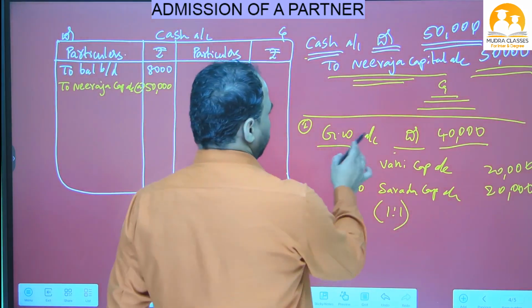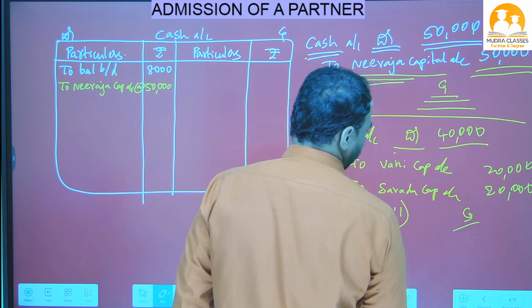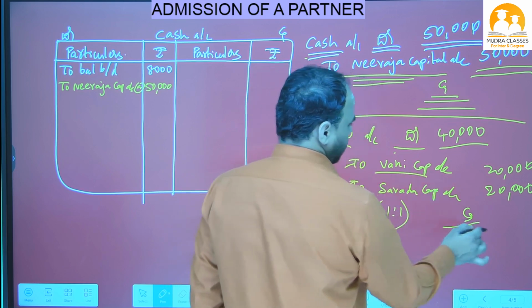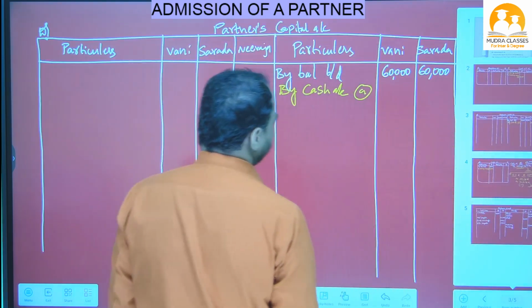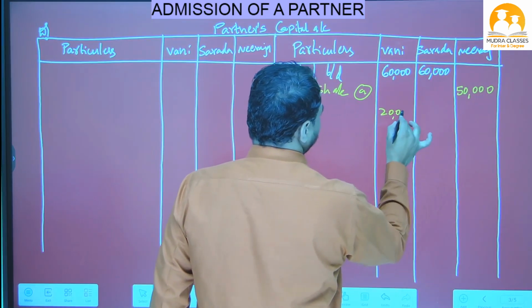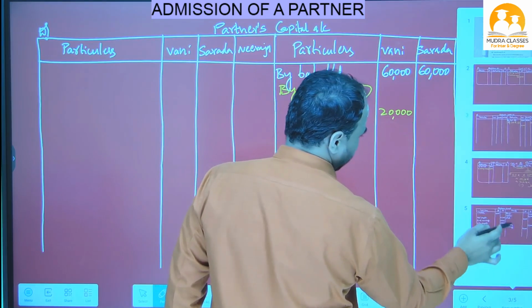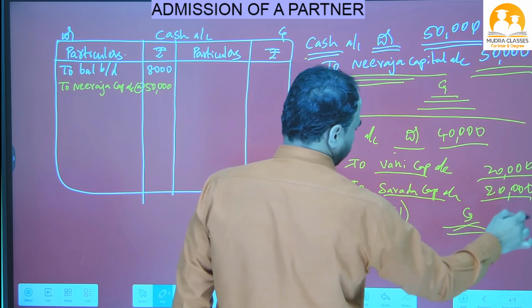So in goodwill account, debit side, we wrote. Now Vani capital and Sarada capital are on which side? Credit side. So write in Vani capital, credit side, 20,000. Go to the partners' capital account: Vani capital account, credit side, I wrote 20,000. Similarly, Sarada capital account, credit side, 20,000.